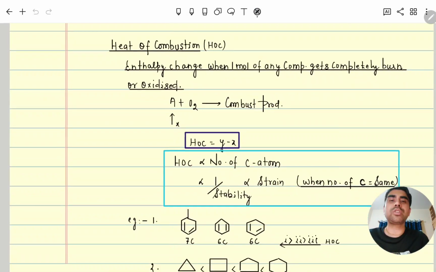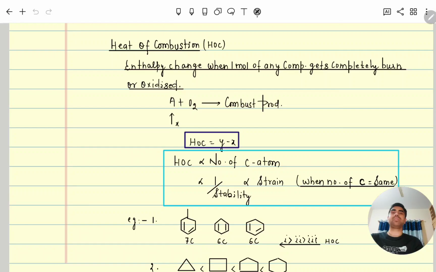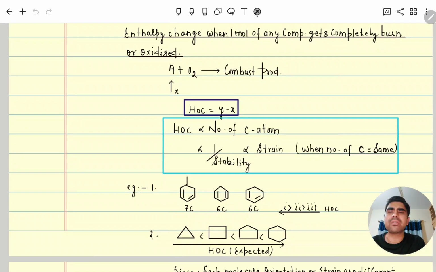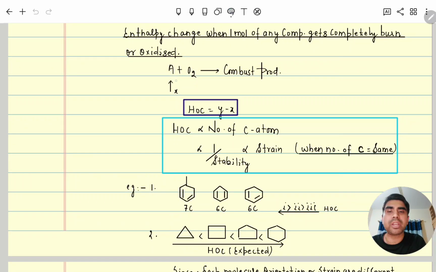Next, moving to heat of combustion. So what is heat of combustion? That is the enthalpy change when 1 mole of any substance is completely combusted in excess of oxygen, that is, whatever amount of energy is released is called its heat of combustion. For any substance, we need to provide a little bit of ignition temperature to start, and then it will burn completely.